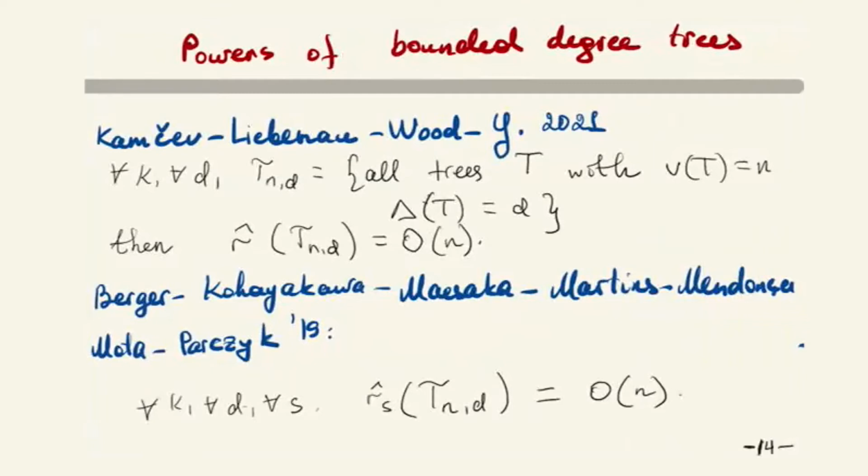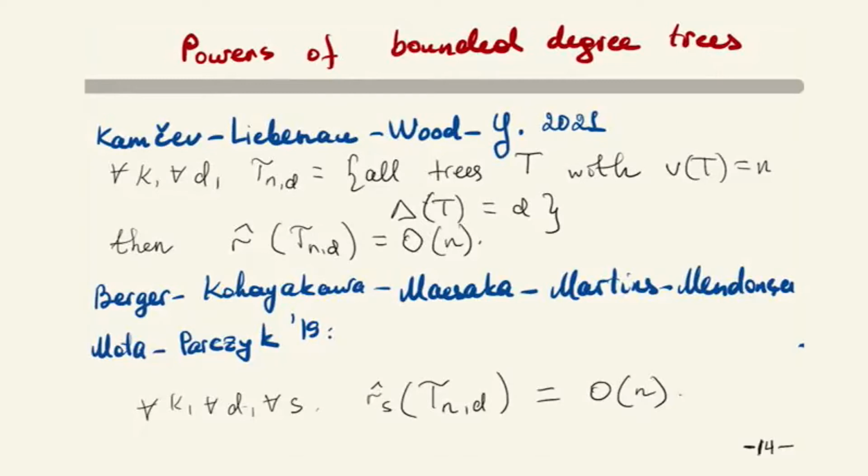Then we worked on the problem of, what if now you take powers of trees? In a similar way, we showed with Nina Kamčev, Anita Liebenau, and David Wood that if I take any tree with n vertices and maximum degree d, then its size Ramsey number is linear as well.